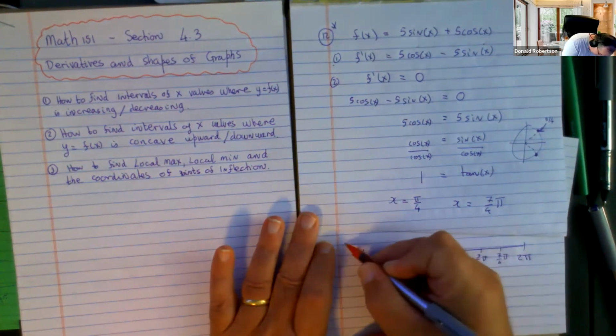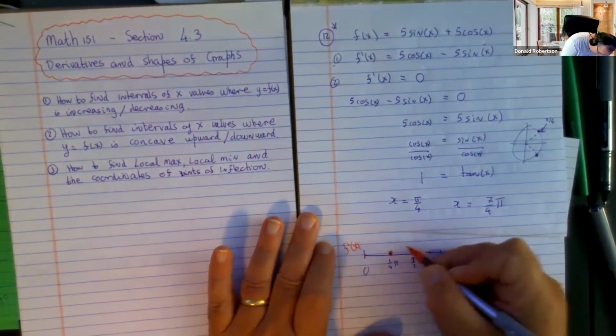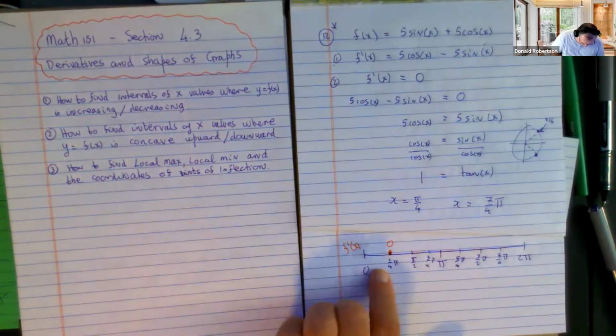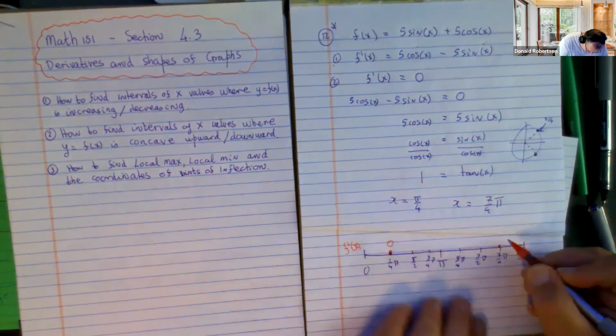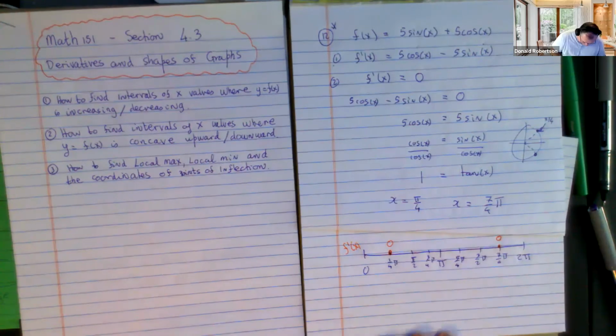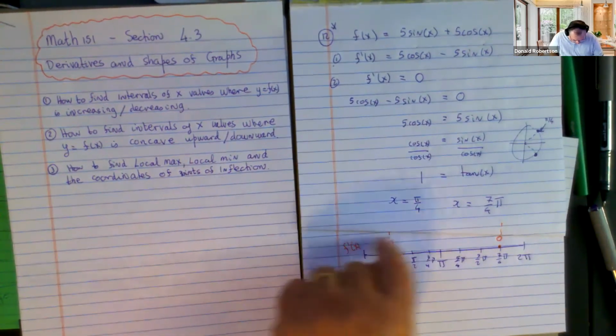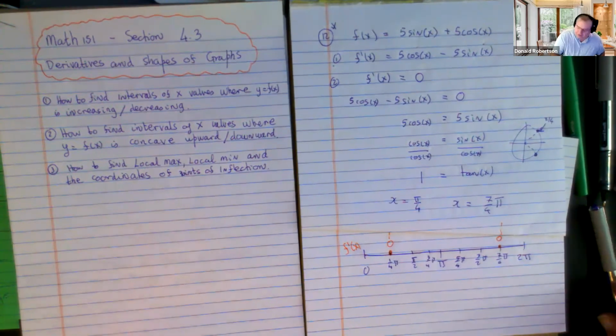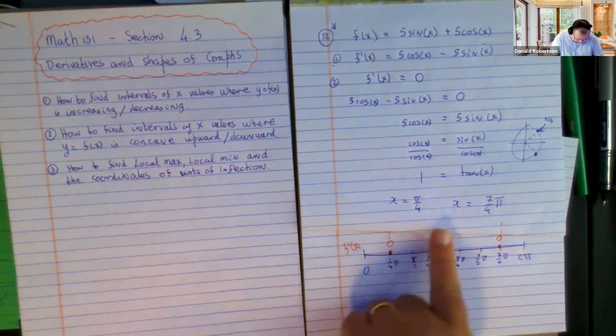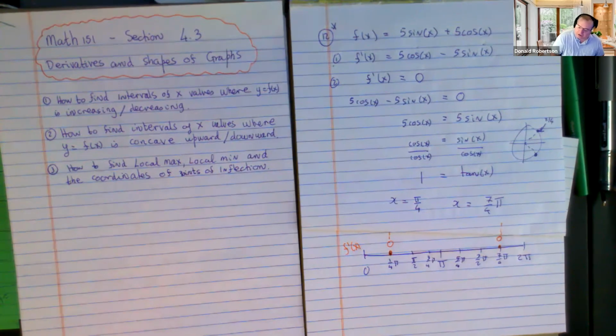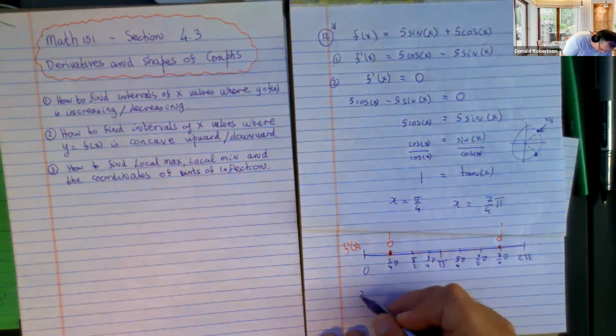Over here, the first derivative is 0 at 1/4 pi, and over here, the first derivative is also 0. So if we look at this, would you agree we've got 3 regions that we need to deal with? 1, 2, 3 regions. And so I'm going to do some test points.